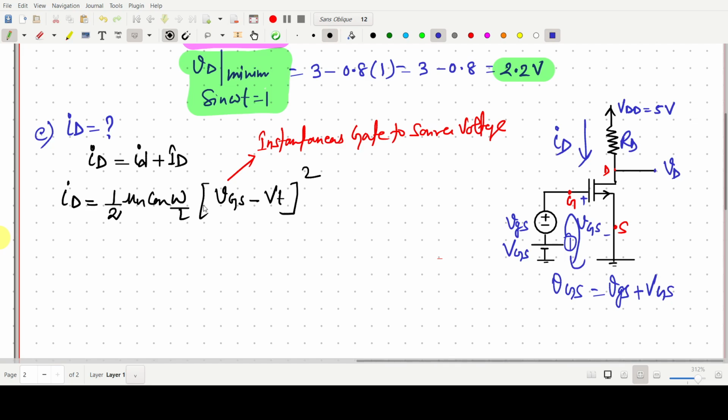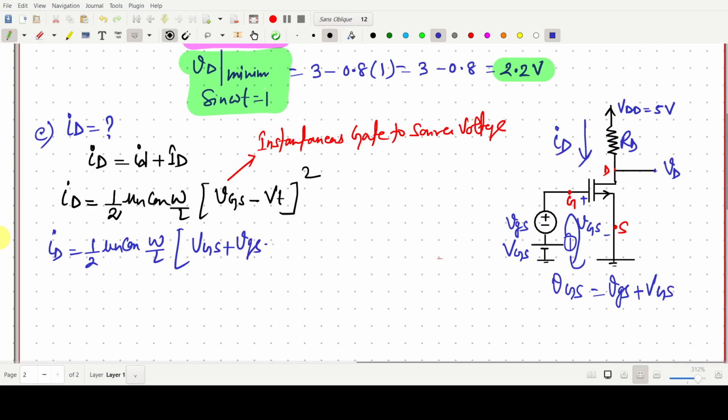Now this one is the instantaneous drain current. So iD can be written as 1 by 2 mu n Cox W by L times, instead of vGS, we write this DC part plus AC part.